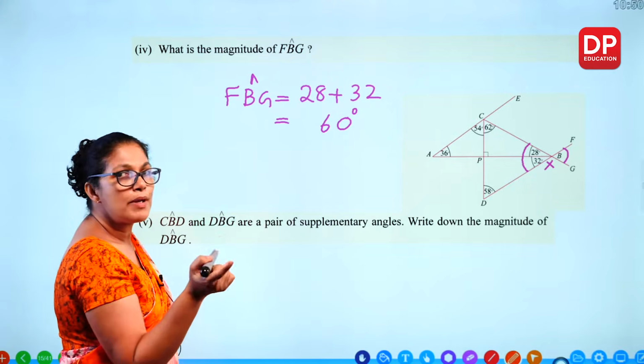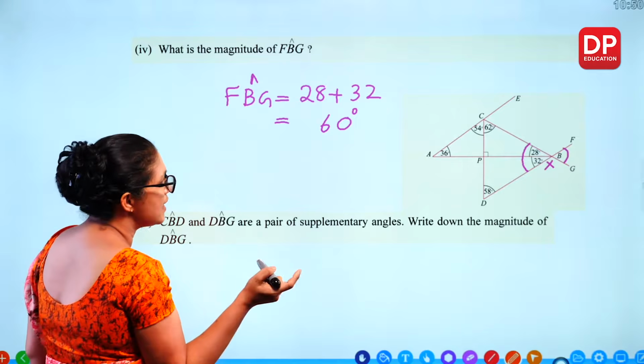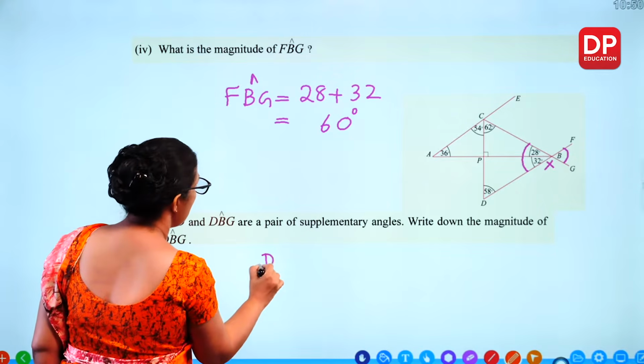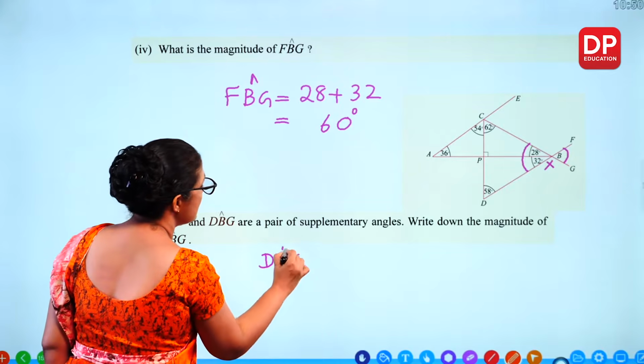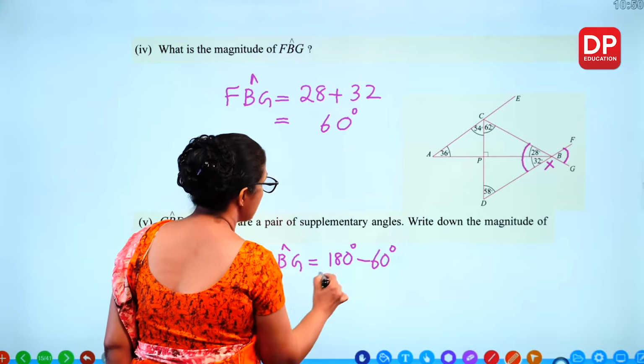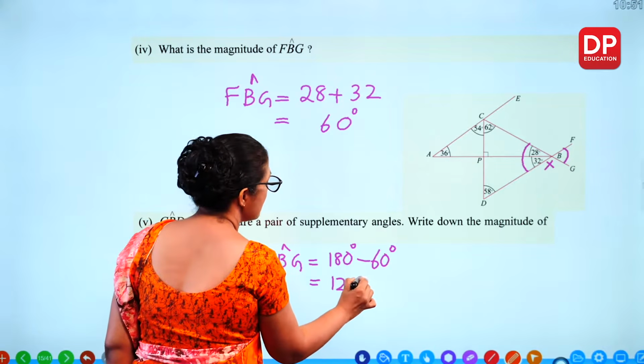So supplementary means add up to 180. So we found that 60. So DBG angle is 180 minus 60 degrees. You get 120.